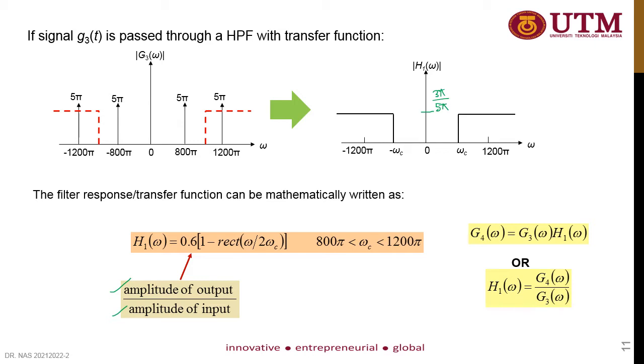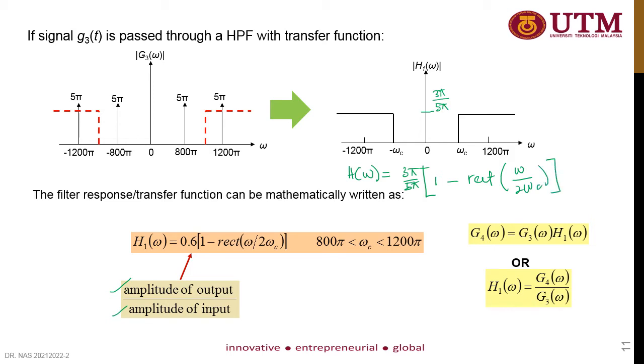And the transfer function, or the equation of the filter, can be written as H omega equal to the magnitude 3 pi over 5 pi times 1 minus rect of omega divided by 2 omega c.